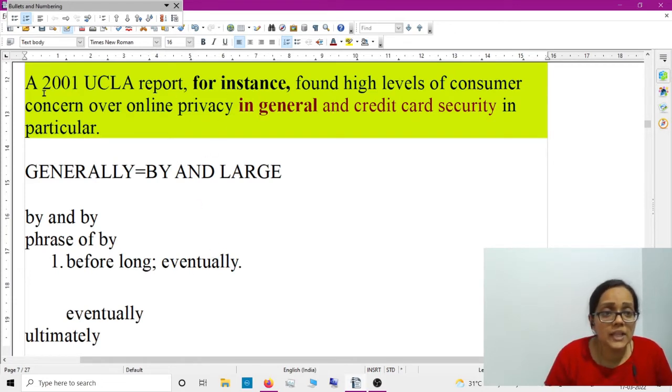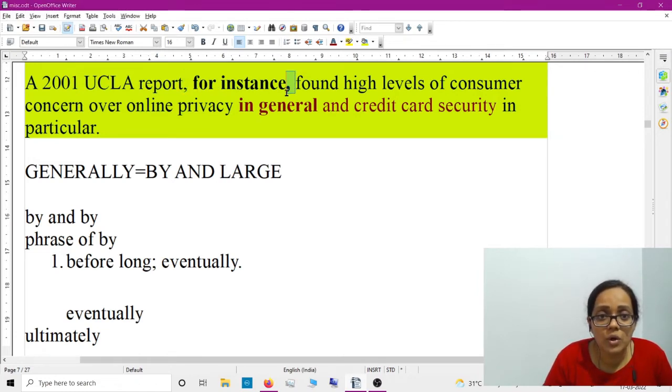A 2001 report, for instance, see, they are using a comma over here. For instance, if they are placing it in the middle, this is a common style which I had noted in this IELTS reading. It found high levels of consumer concern over online privacy in general.